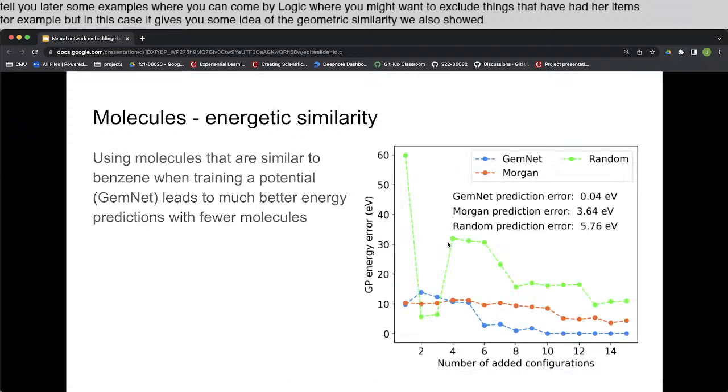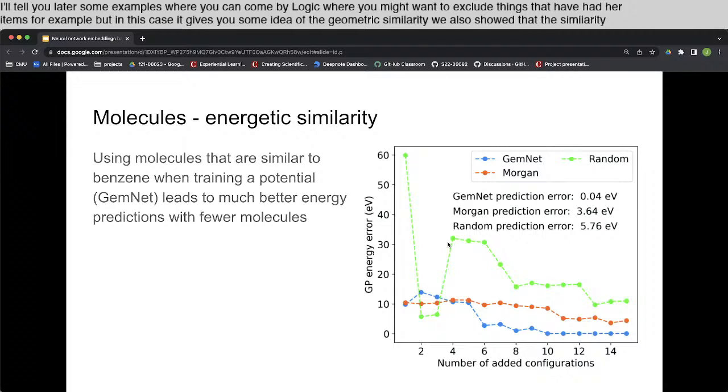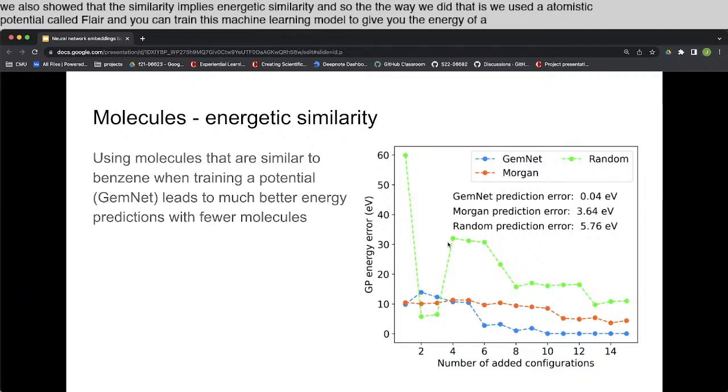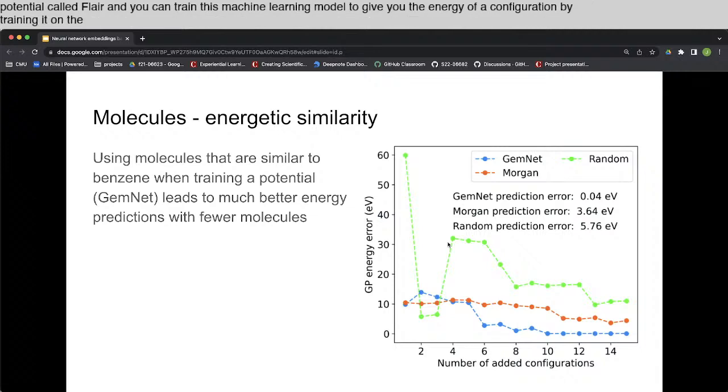We also showed that this similarity implies energetic similarity. The way we did that is we used an atomistic potential called FLARE, and you can train this machine learning model to give you the energy of a configuration by training it on the energy of other configurations.